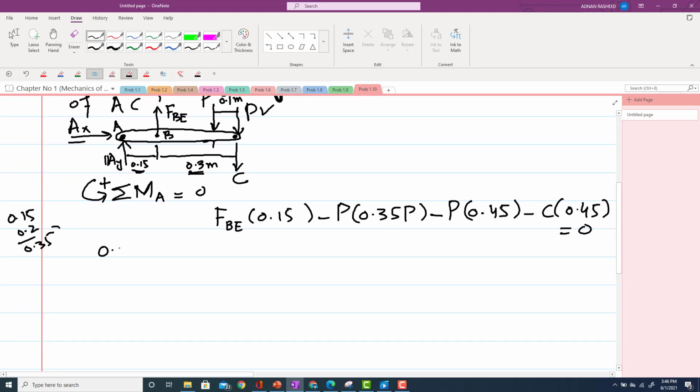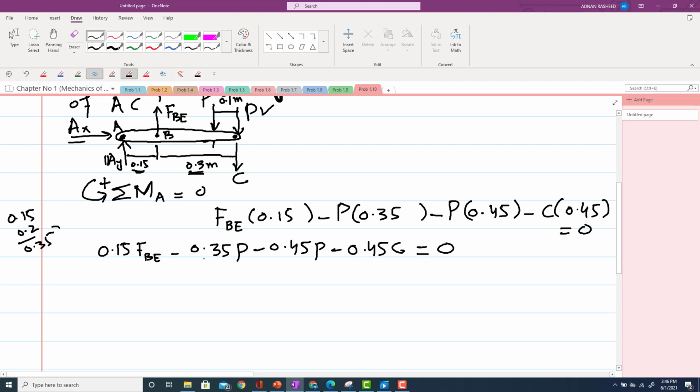So we will get 0.15 FBE minus 0.35 P. Okay, there is a mistake. This is 0.35 P, and this is minus 0.45 P, and this is minus 0.45 C, that is equal to 0. Now we get this equation.